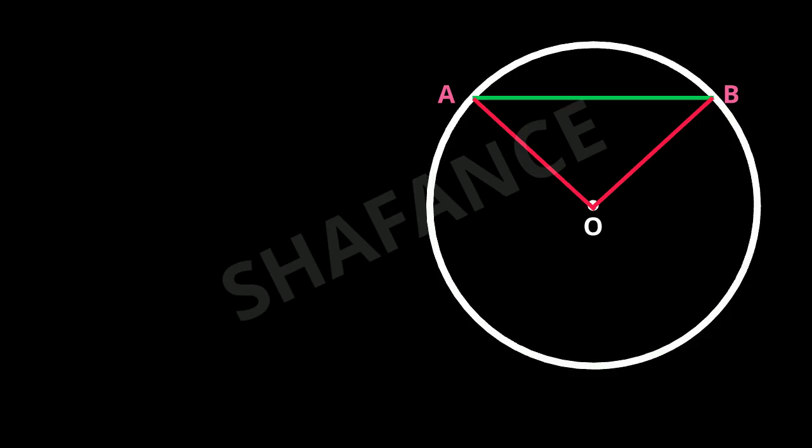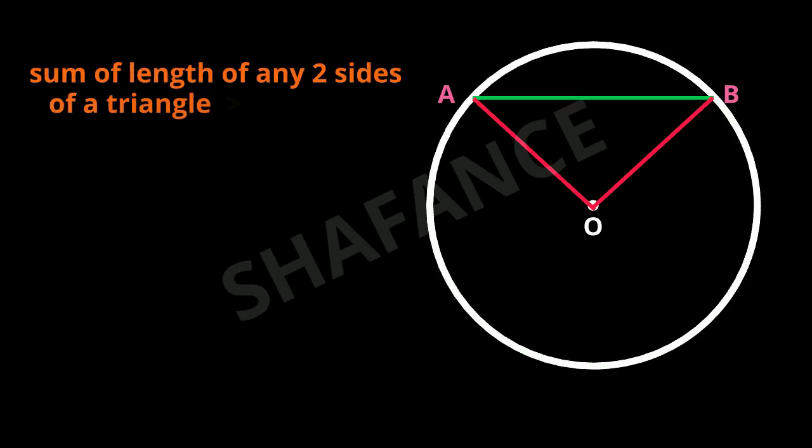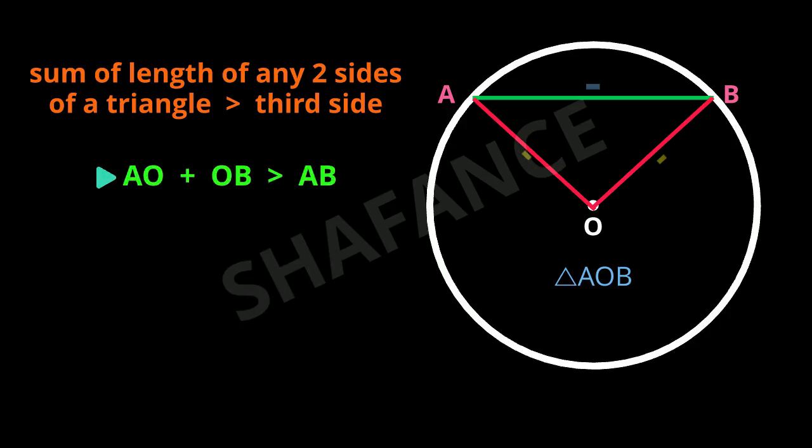We have already seen one property of triangles: the sum of the lengths of any two sides of a triangle is greater than the length of the third side. So using that property in triangle AOB, we can see that AO plus OB is greater than AB.